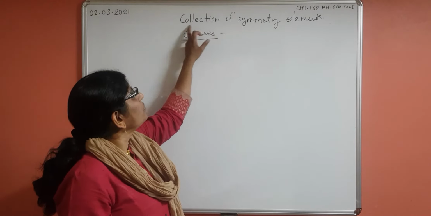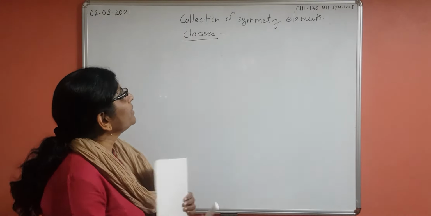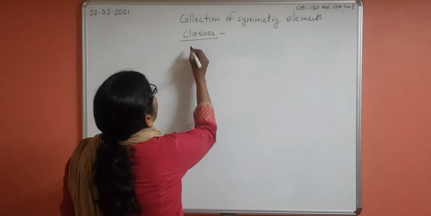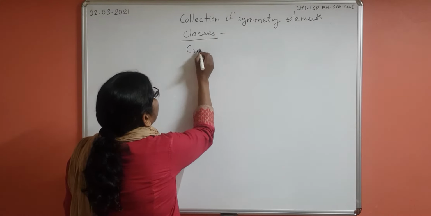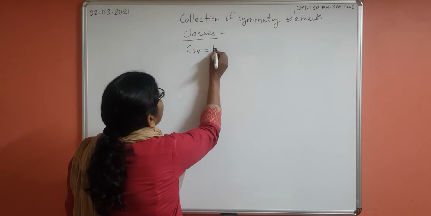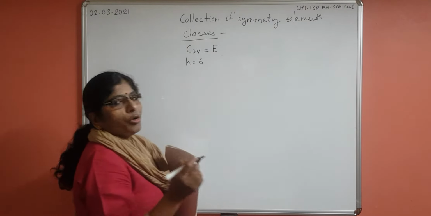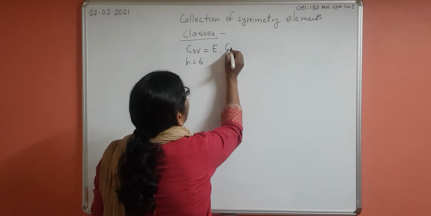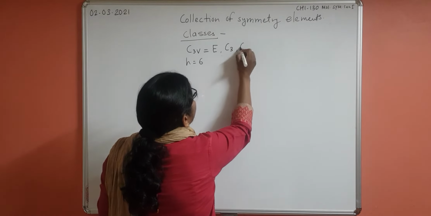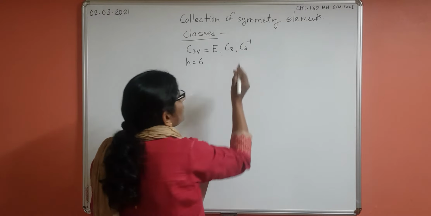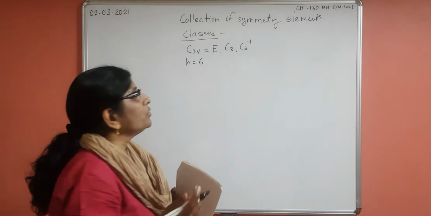So this is one of the syllabus topics. For example, if there is a point group C3B, all of you know h is equal to 6 here, this is the order of the point group, and this will have C3, C3 inverse. In many books it is written like that, C31 and C32, doesn't matter.